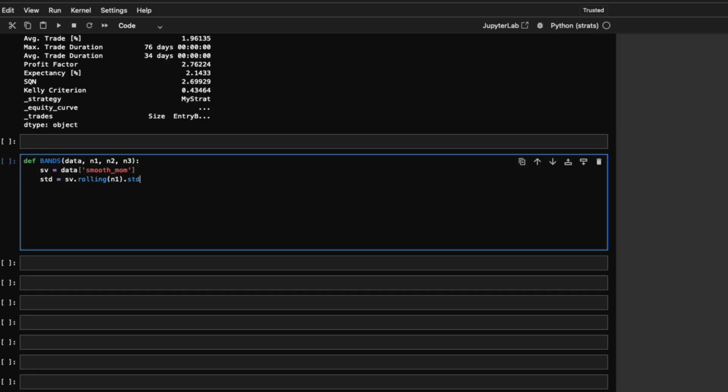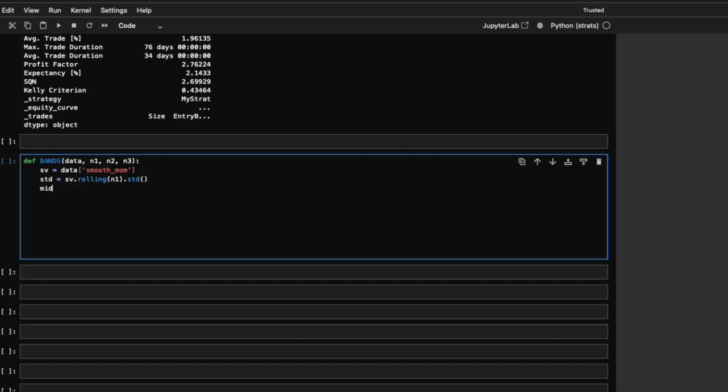From that, we take our standard deviation, and that is that. For our midline, which we're actually not going to render on our chart, but we need to calculate anyway, that would be equal to our smooth value above. Same thing basically, taking our rolling window for our main lookback period, but from that, we calculate the mean instead of the standard deviation.